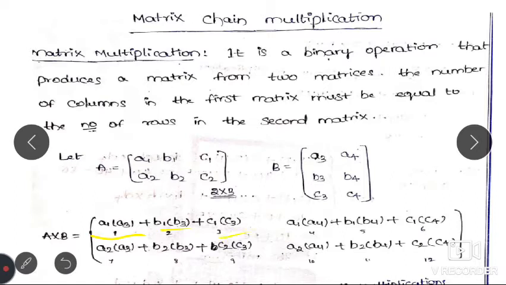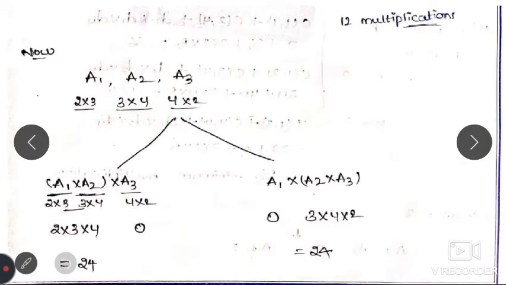Similarly for the others. Numbering these values 1 to 12, these have 12 multiplications.